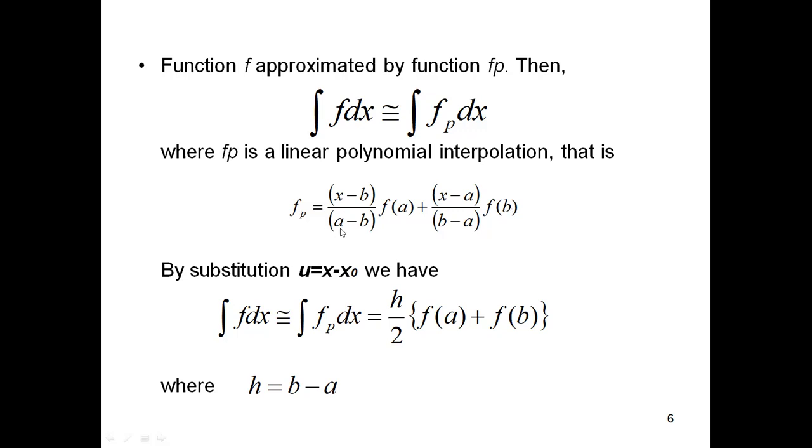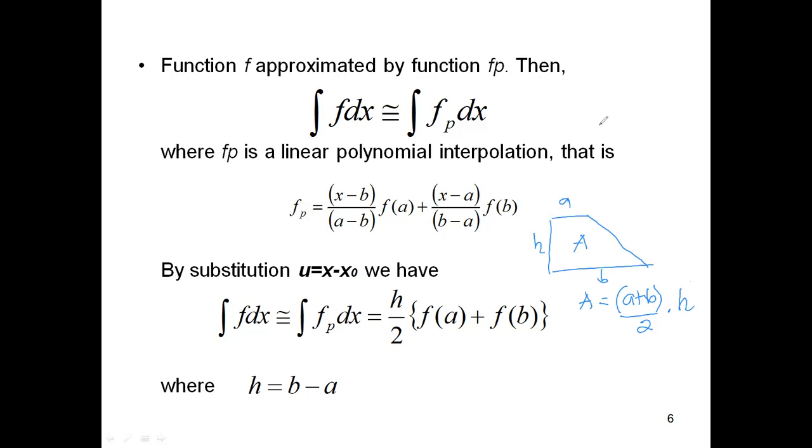Now, if this particular expression class is likened to a formula determining the area of a trapezoid, so what's a trapezoid? I'd like to draw a trapezoid. This is your trapezoid. Just make it look similar to the one that was drawn previous slide. So the area of this trapezoid is actually the average of the lengths of the parallel sides. So let's say this is A and this is B. This is H. So average, you take the sum and you divide by 2 and you multiply it with the height of this given trapezoid.